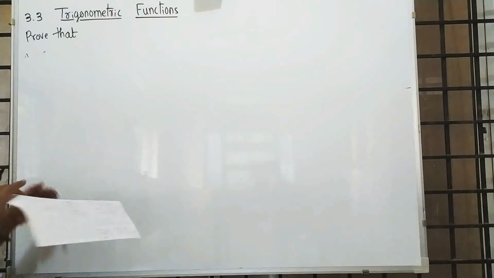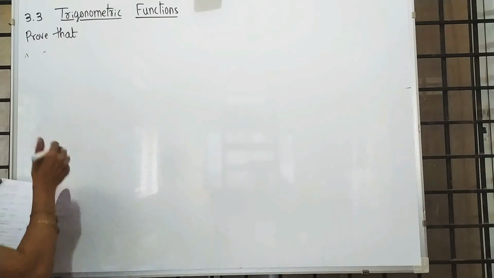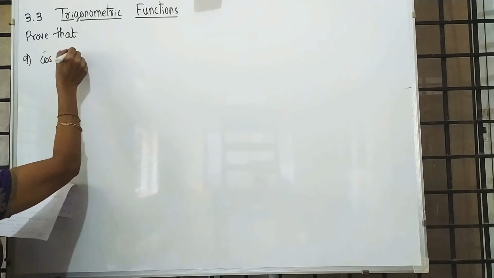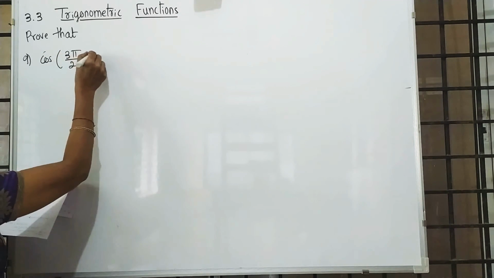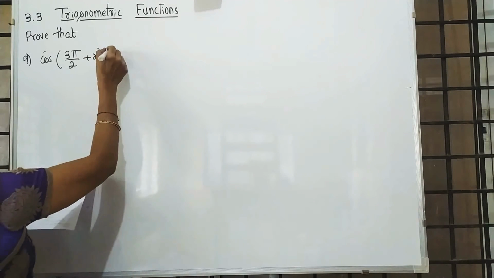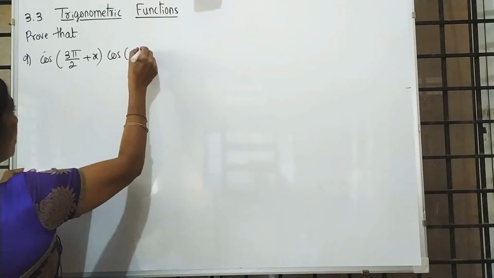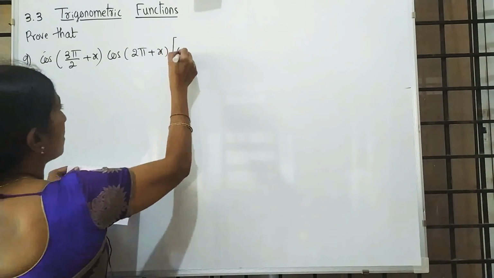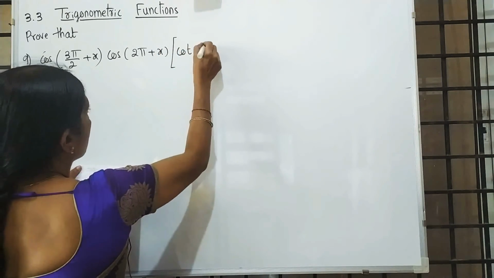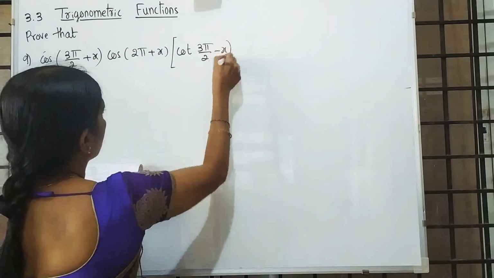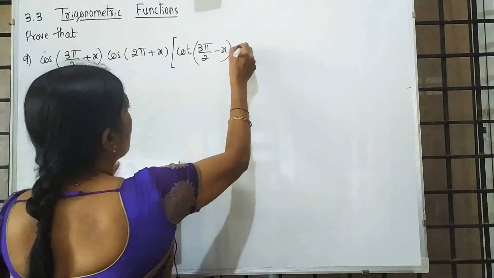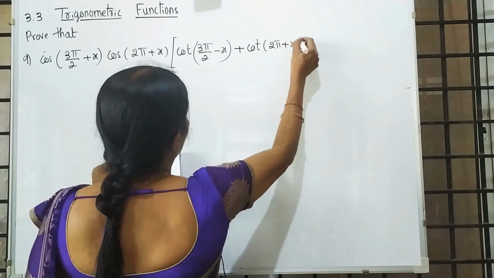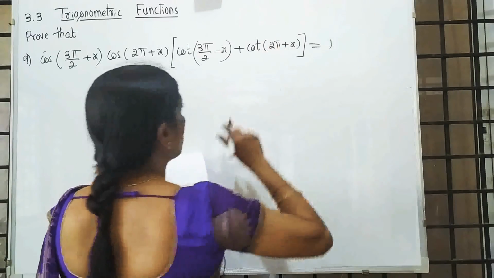Prove that cos 3 pi by 2 plus x into cos 2 pi plus x in the bracket, cot 3 pi by 2 minus x plus cot 2 pi plus x, bracket complete, is equal to 1.